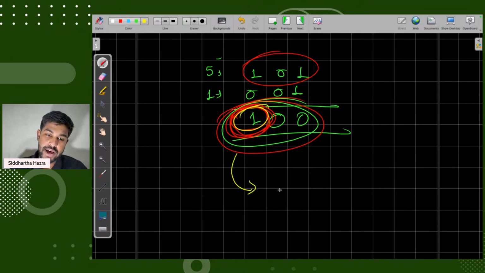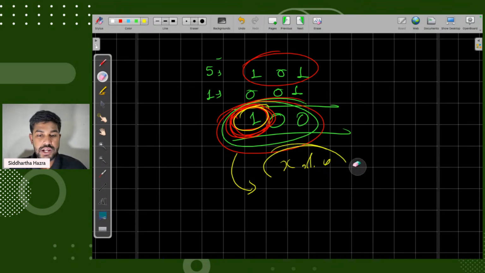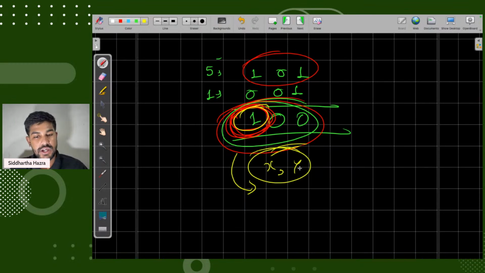Now 5 would have a bit, like suppose there are x and y. There are two values x and y, and we know the bits are different at 1. So now what I can say is I would build out the mask of this number.